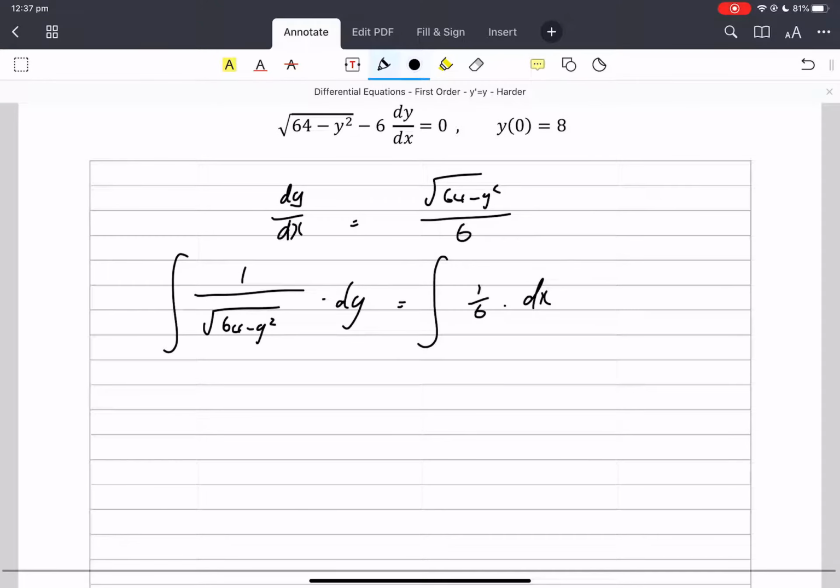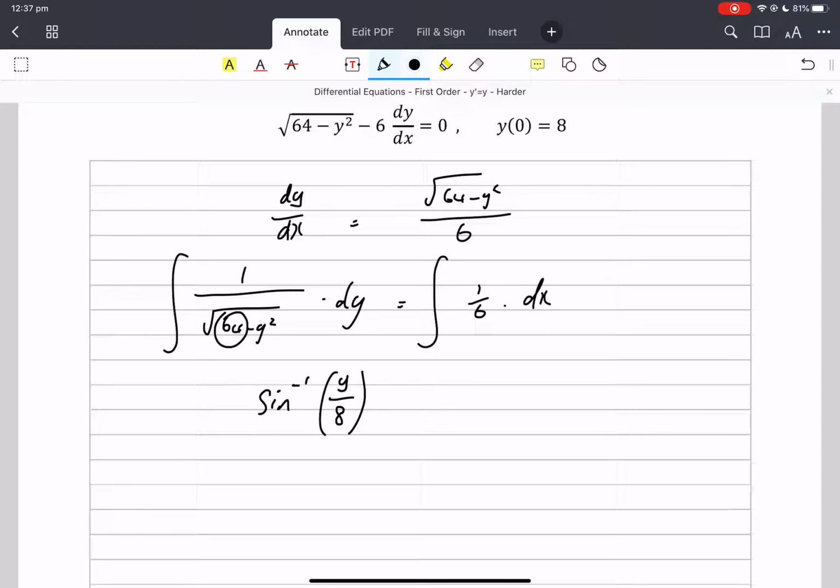So that's going to be the arc sine of y on 8, because a is 8, equals plus c.